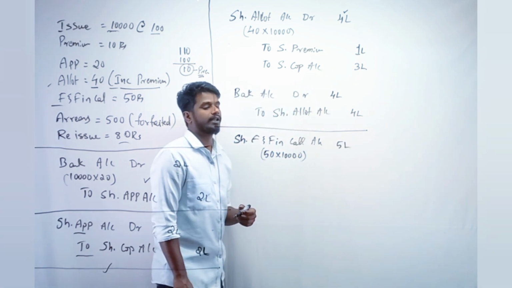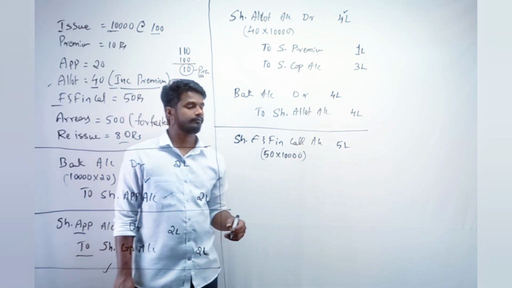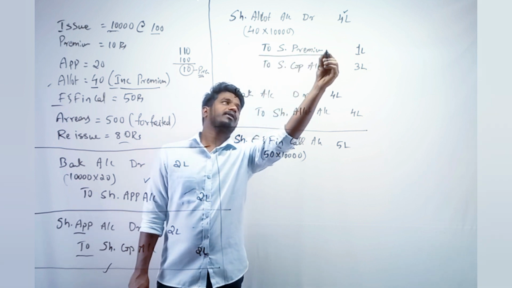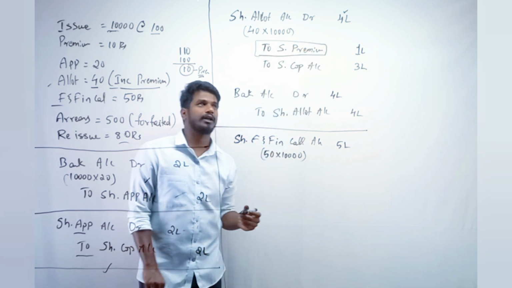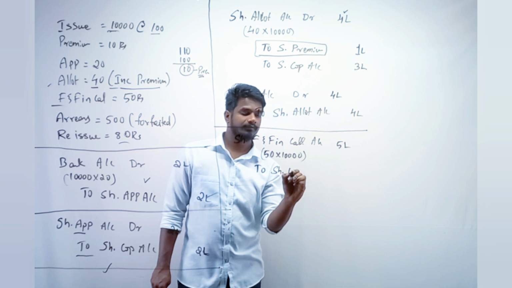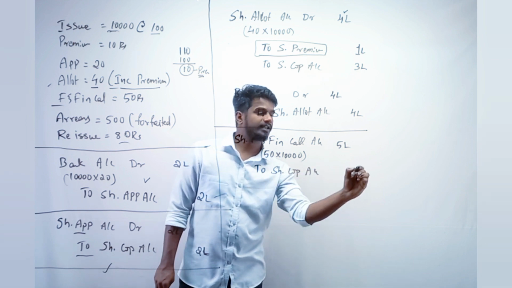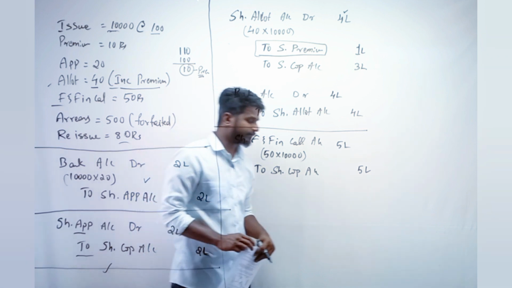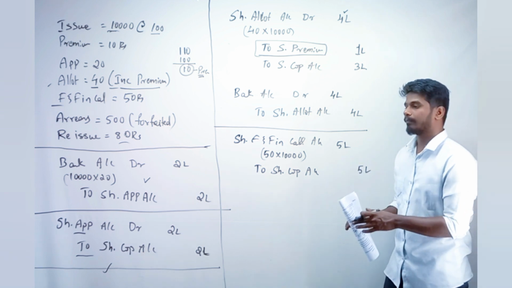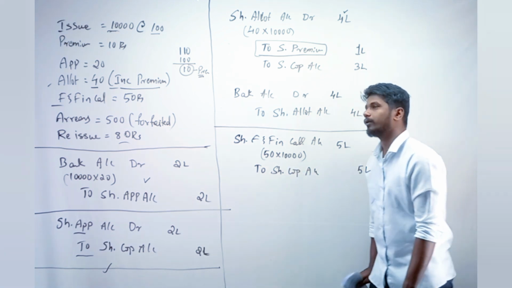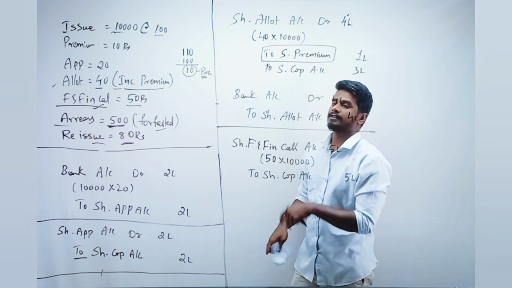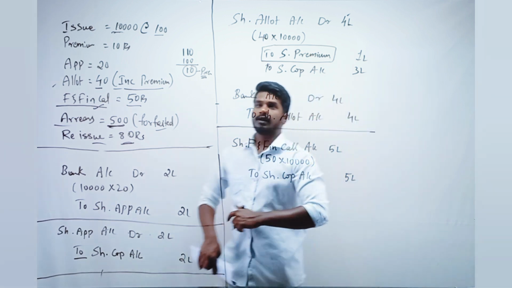Next, the same without premium, which means we are excluding the premium here because we don't have any premium in the first and final call. Straight away to share capital account. It is 5 lakh on the credit side. Narration will be being first and final call money due. So the next entry will be the same entry, just change the name here, right?